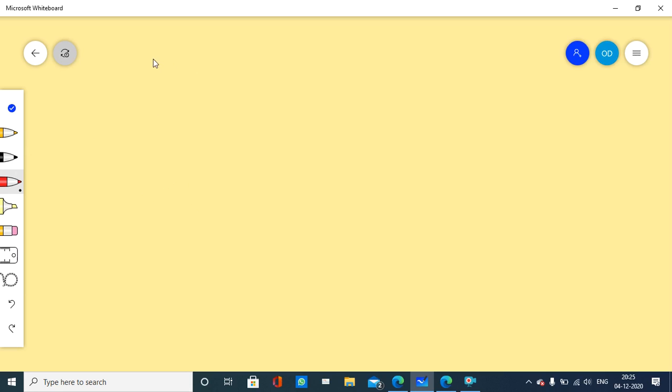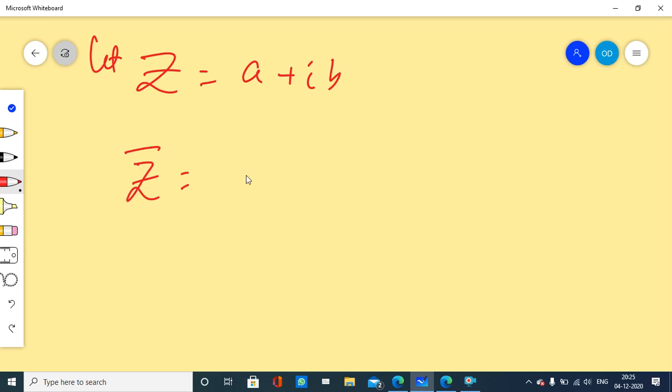Suppose there is a complex number z, let z is equal to a plus ib. Its real part is a and imaginary part is b. If I ask you what its conjugate is, what is it? A minus ib. You simply have to reverse the sign of the imaginary part. Here the imaginary part is plus b, you make it minus b.